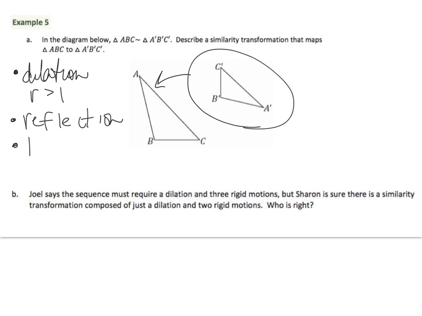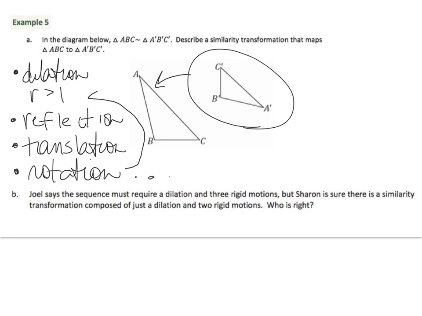And then probably a translation. And finally, a rotation. You can do those in any order that makes sense to you. I would probably put the rotation pretty early because my mind likes to see things in the right order before I start reflecting or translating. But that would be a similarity transformation that would map one thing to another.